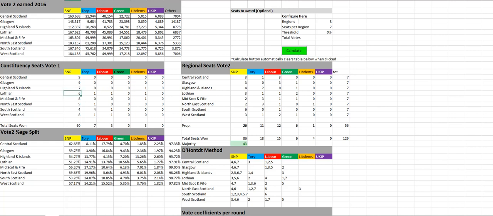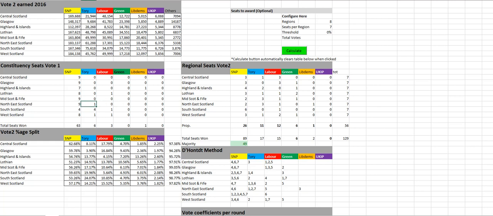What about the Lothians? Would Labour hang on? Maybe not, maybe they would. So let's see, they do. We'll take 8 there, and we'll take the seat back from the Tories, and we'll take a seat back from the Lib Dems. Let's take that seat from the Lib Dems on the Midlothian, so we'll take that one back. Yeah, I fancy us taking the North East.